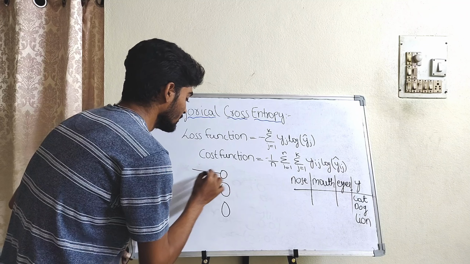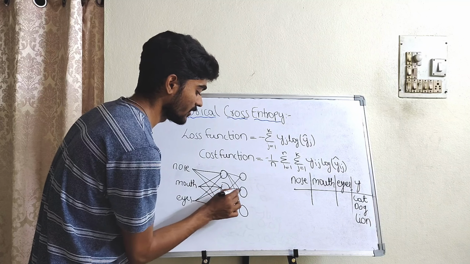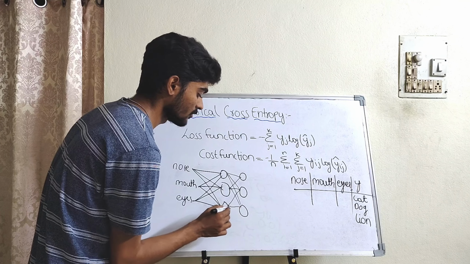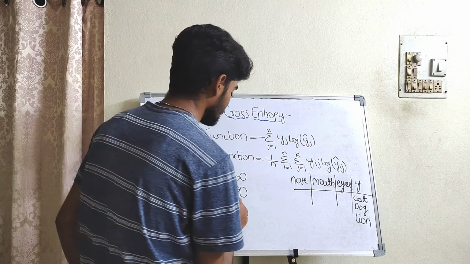These three input features are given as inputs to the corresponding hidden layer. Let's assume that we are building a three layered neural network where you have two hidden layers, and this is our output layer.